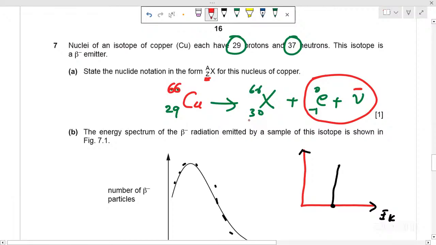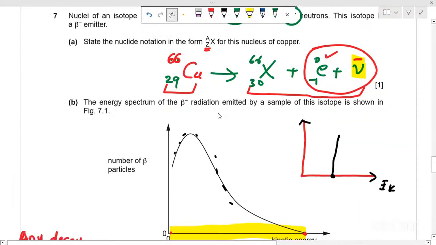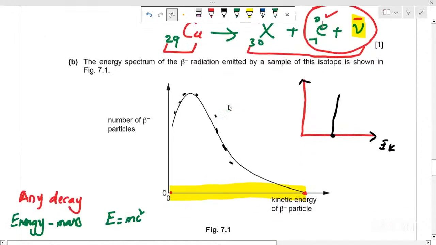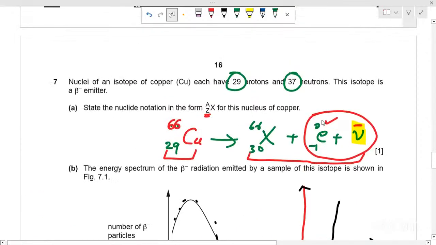The mass of these products will be smaller than the mass of this reactant, so the mass is converted to energy. If there were no other particle, no antineutrino, then the kinetic energy of the beta would be constant, like an alpha particle. But in this case, the kinetic energy has a range of values, so another particle must be emitted. If this were beta positive, then a neutrino would be emitted.